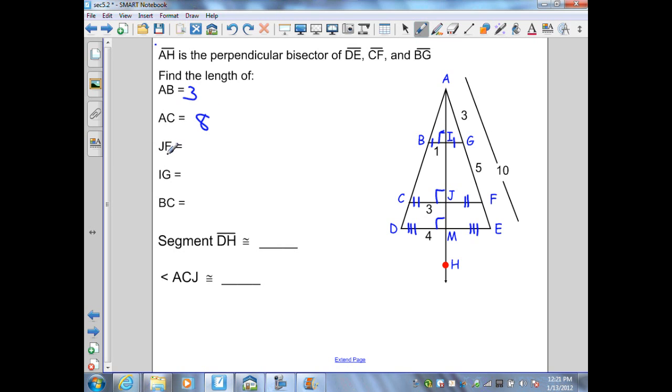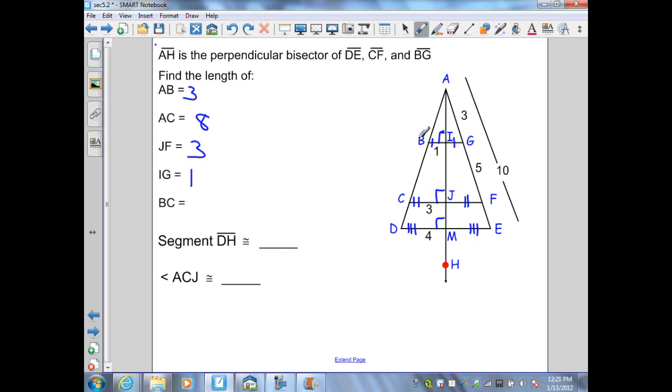JF. JF is congruent to JC. So JF must be 3. IG. IG is congruent to IB. IB is 1, therefore IG is 1. BC.